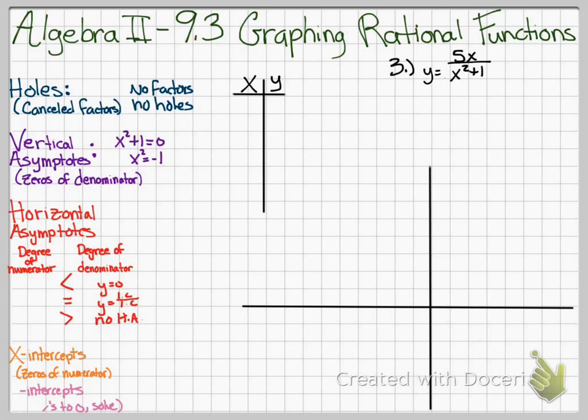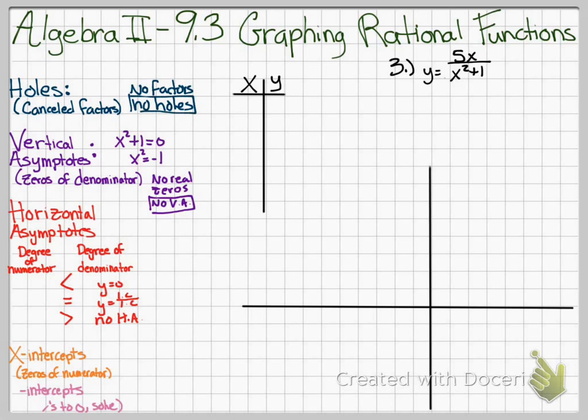Now, finding the zeros of the denominator is only for real numbers. So there are no real zeros. So there are no VAs, no vertical asymptotes. So we got no VA. We have so far no holes.